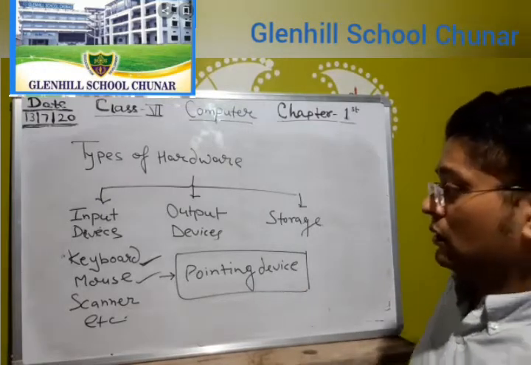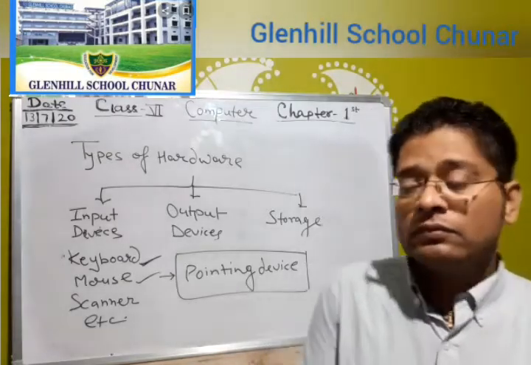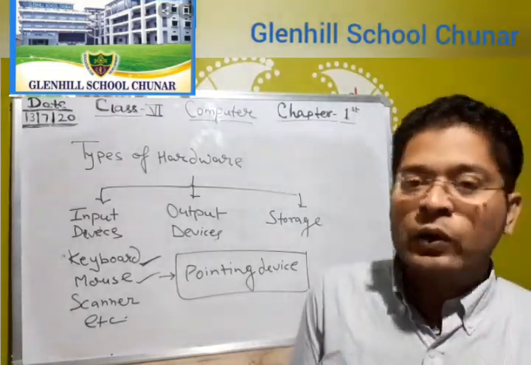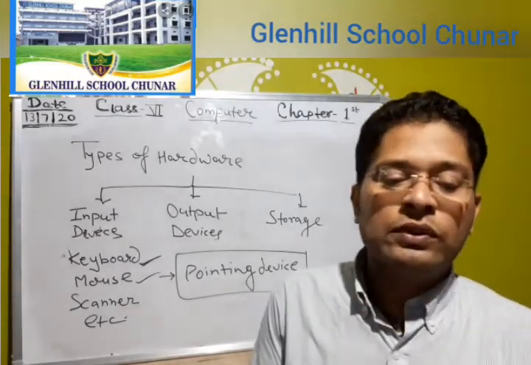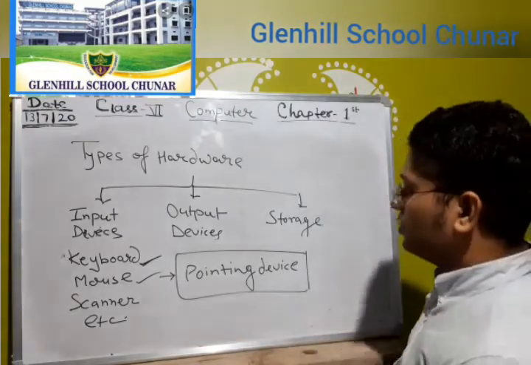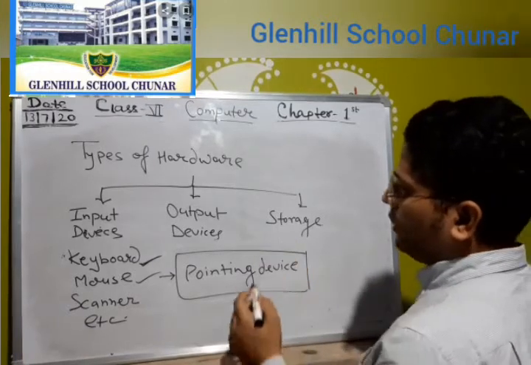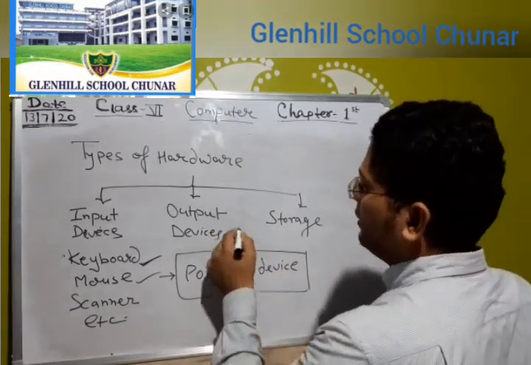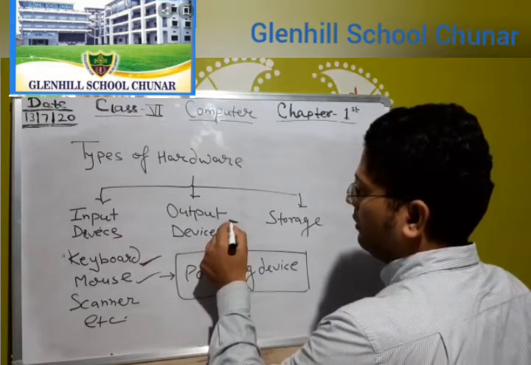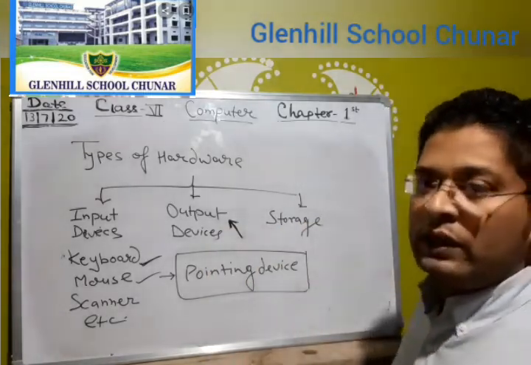The pointing device is used to move the mouse pointer on the screen to select menus. Suppose my mouse pointer at this time is here. Okay, student. This is a mouse pointer.